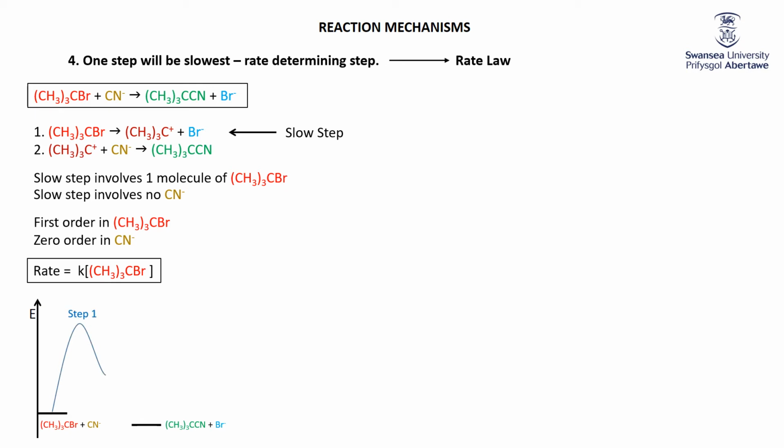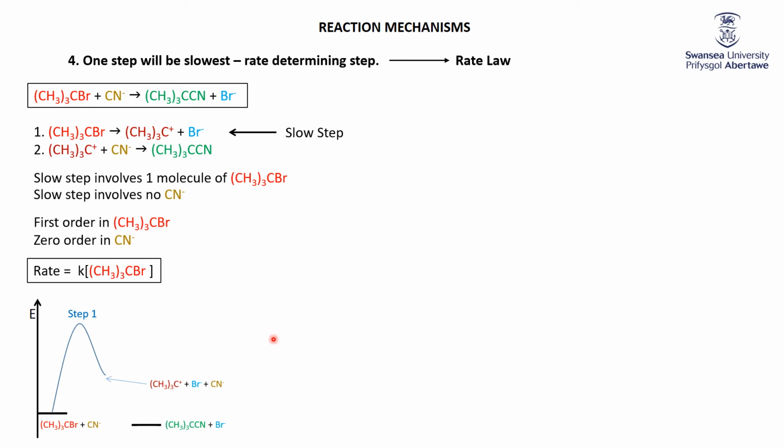The first hump is where we start off with the reactants and we go through step one, where just the (CH3)3CBr bangs into something hard enough to break that bond. After it's done that, we hit this intermediate point where we've got the intermediate itself, (CH3)3C plus and Br minus, and we still have some CN minus floating around that we haven't used yet.